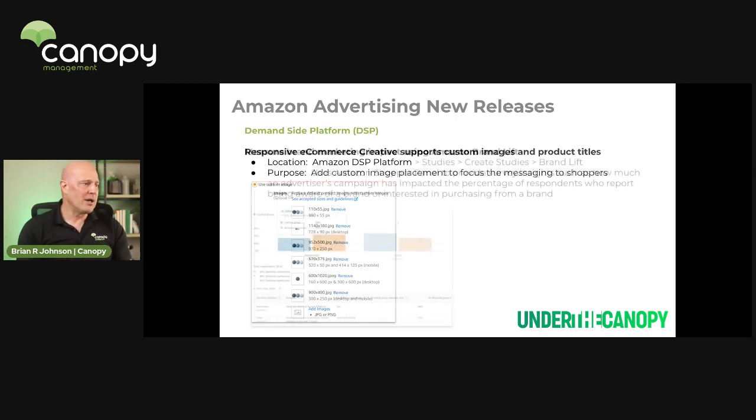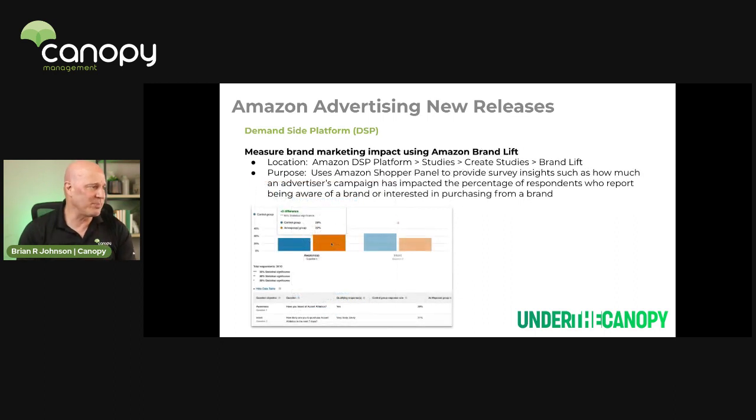All right, and then the last one for demand side platform is the ability to measure brand marketing impact using what they call Amazon Brand Lift. Now, this is within the Amazon DSP platform. This is under Studies, and you can create a study, specifically under Brand Lift.